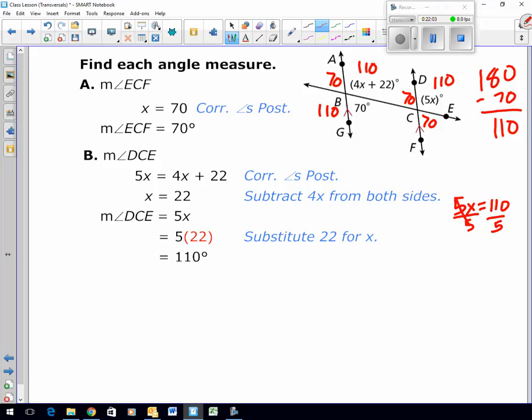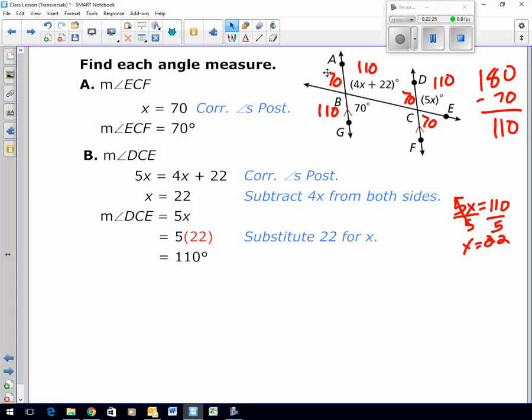X is 22, right? That's how I would solve that type of problem. Still confused? Didn't we do this in 8th grade? I think you did, like the mapping and the 180 minus whatever we got, but I don't remember all the other stuff.